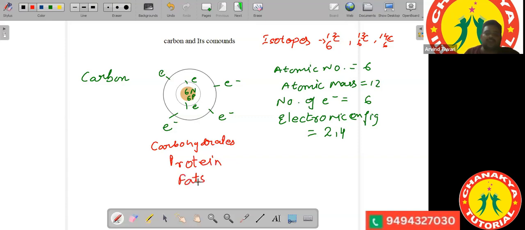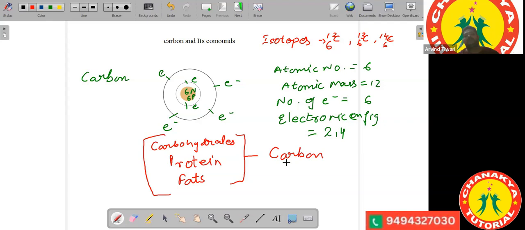This is what your body is made up of, and the important constituent of all these carbohydrates, proteins, and fats is carbon. Behind any living organism, you will find carbon.